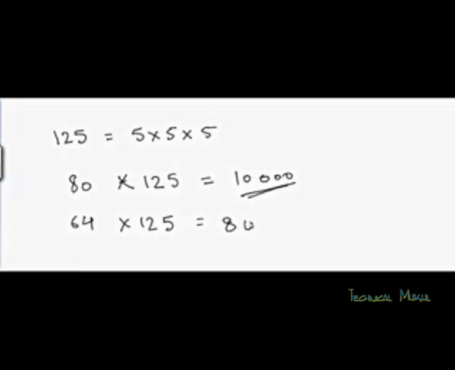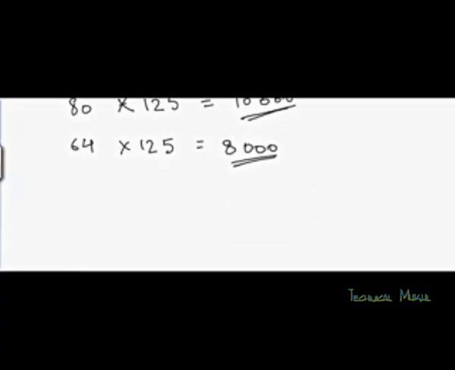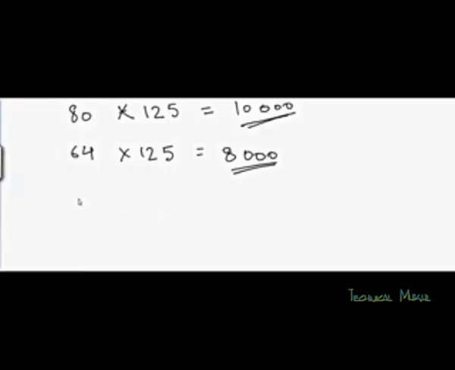So it will be 8000. And let's take another example, 128 by 125. In this case, we know that 128 divided by 8 is 16, and then we put 000 in the end. So that is our answer.